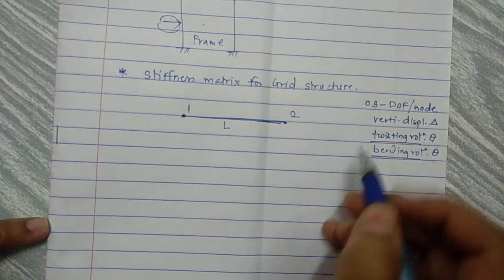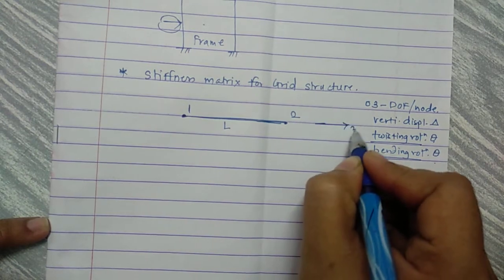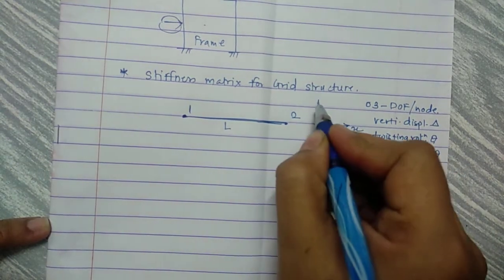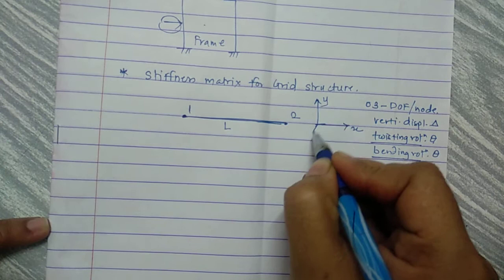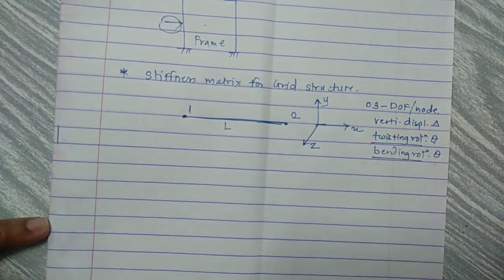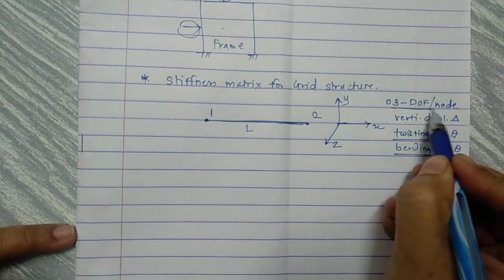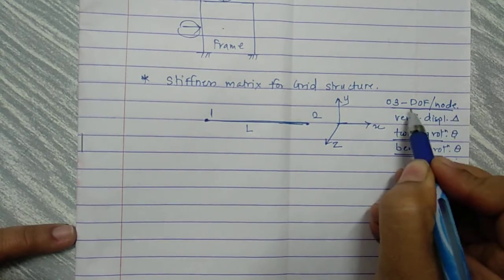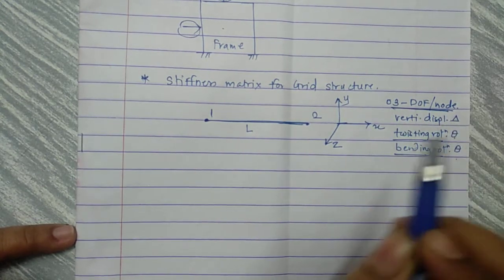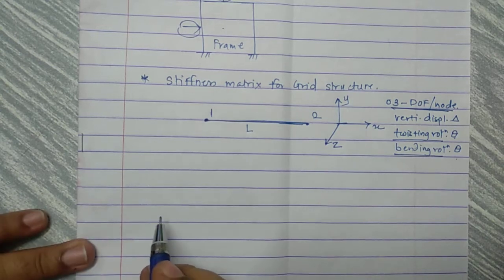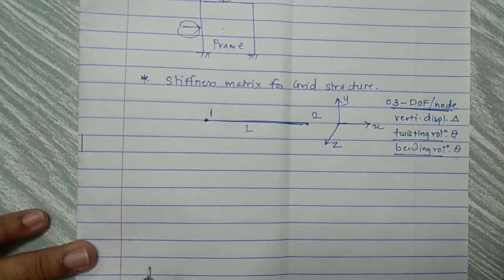Here we will consider the axes. The horizontal is the x-axis, vertical is the y-axis, and towards the observer is the z-axis. So here 3 degrees of freedom per node. We will mention those degrees of freedom with capital letters D, from 1 to 6.